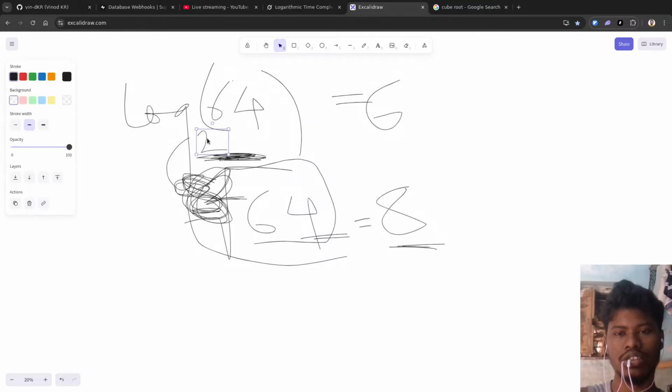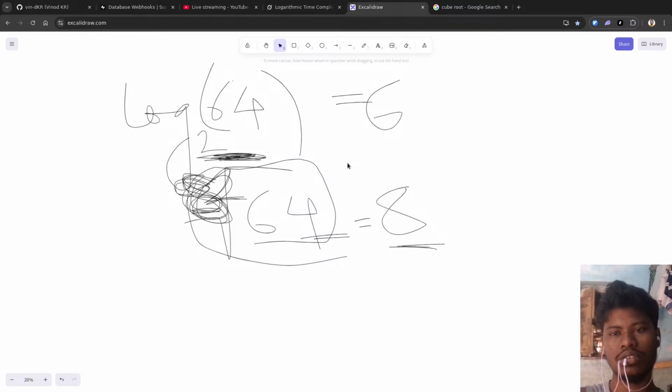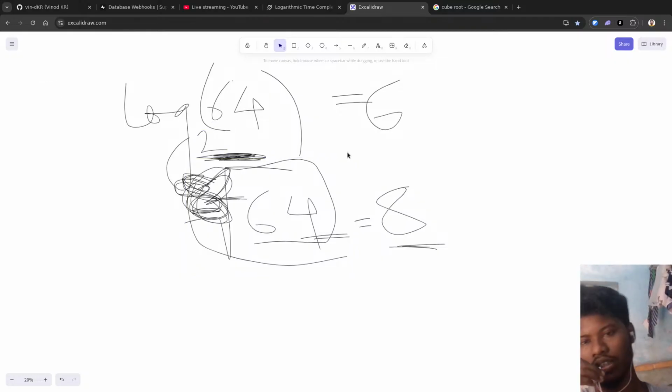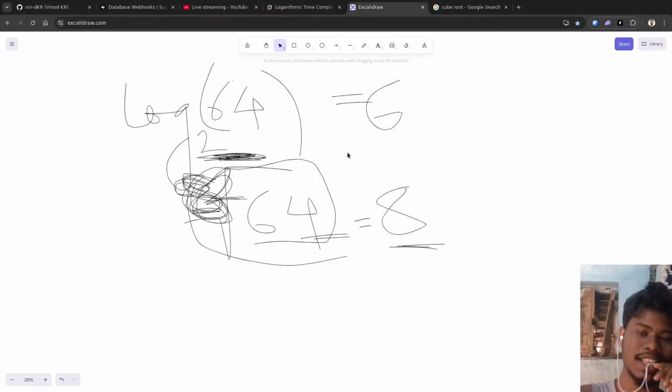So if we do log of base 8, log of base 8, put the log of base 8, then it would be the answer.